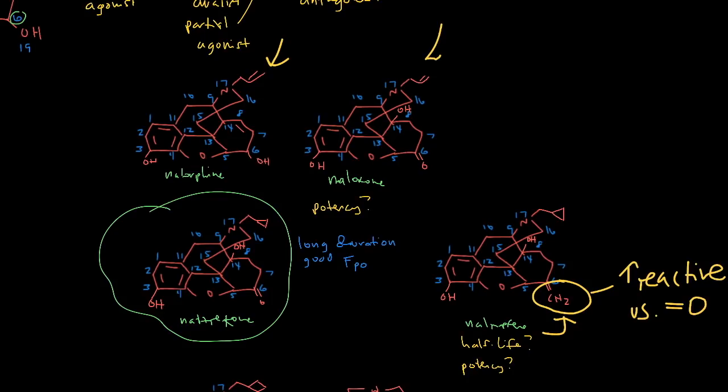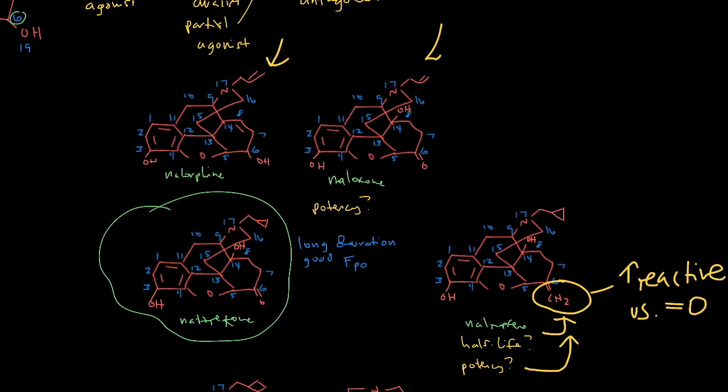Is it more potent or less potent than naltrexone, and why? It's actually more potent, for this same double bond CH2 group here. Turns out double bond CH2 groups are more hydrophobic than ketone groups.